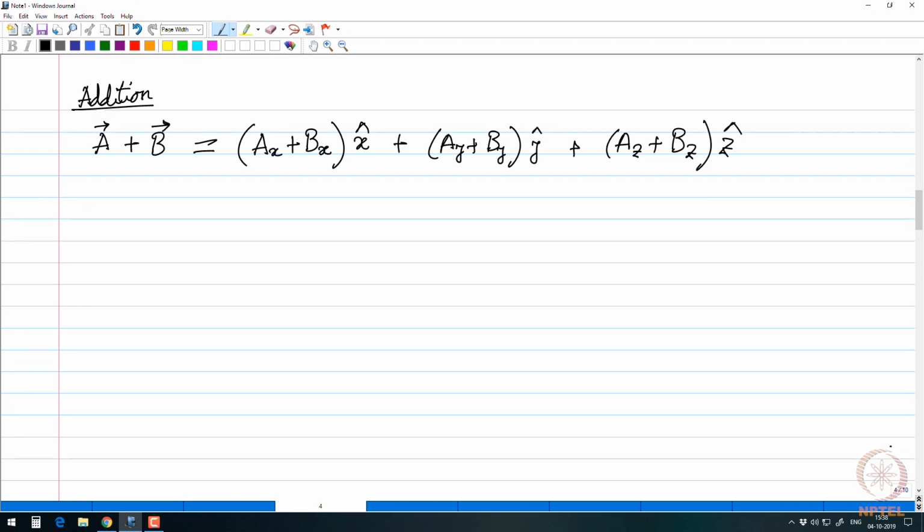How do we multiply a scalar with a vector written in its component form?